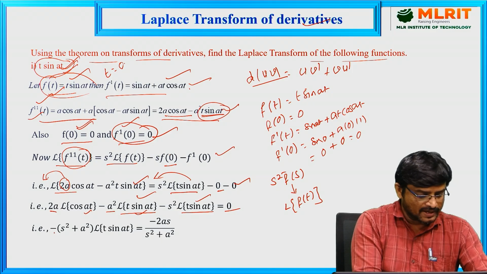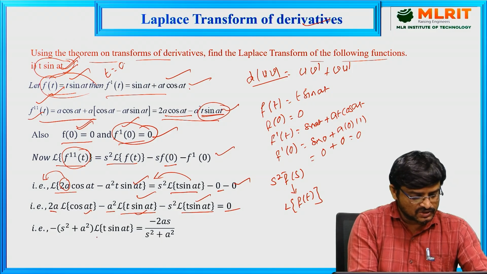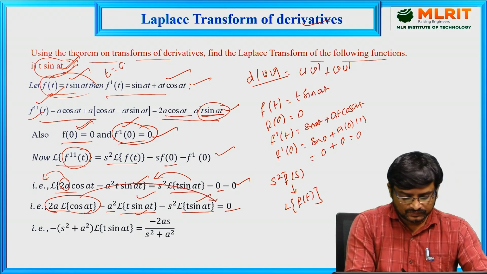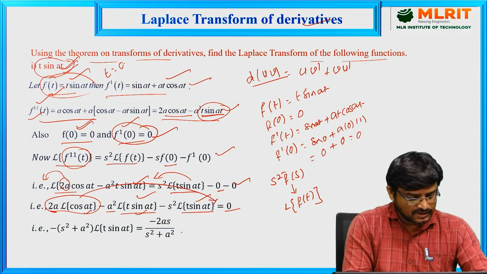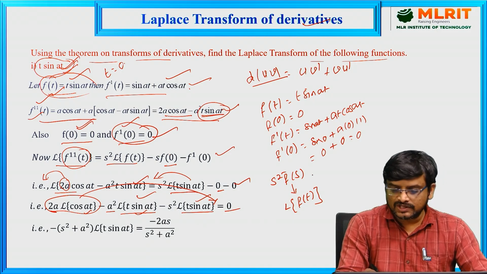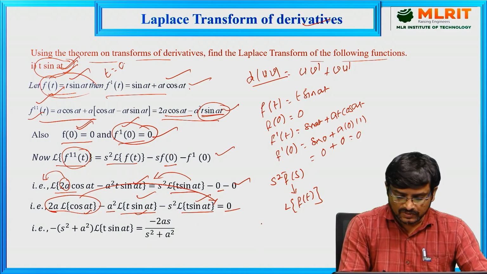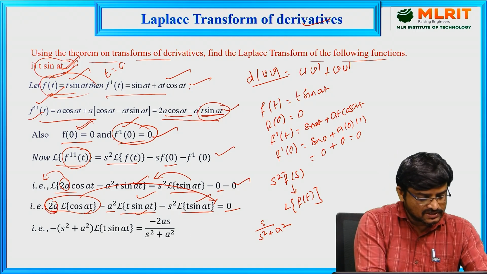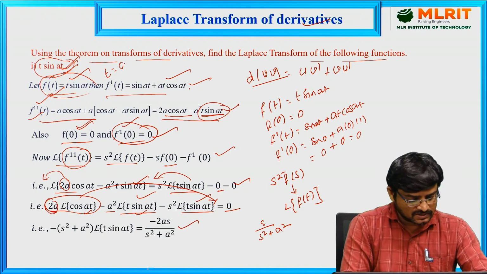Here you will get minus of s square plus a square equal to, sending this 2a to this side, 2a into the Laplace transform of cos at. The Laplace transform of cos at is s by s square plus a square. Here we have 2a, and if you send this term to this side, it becomes minus.